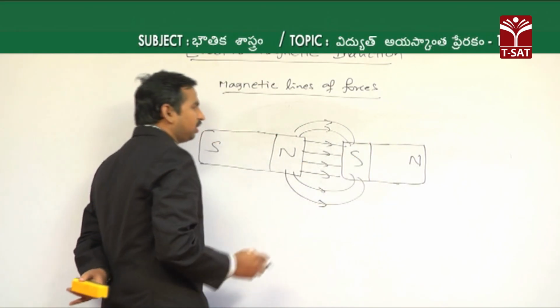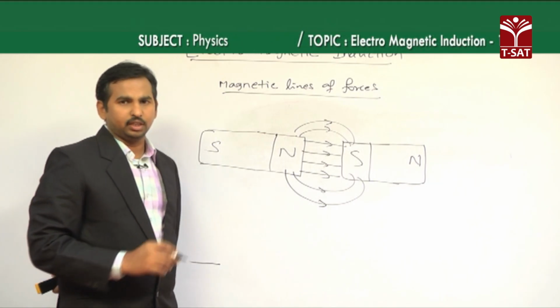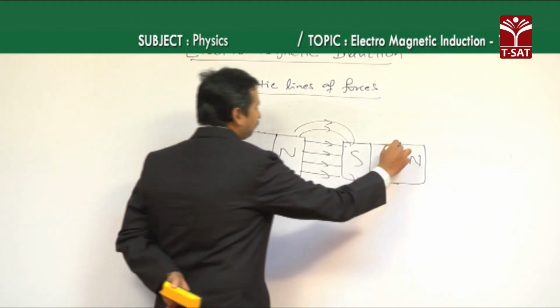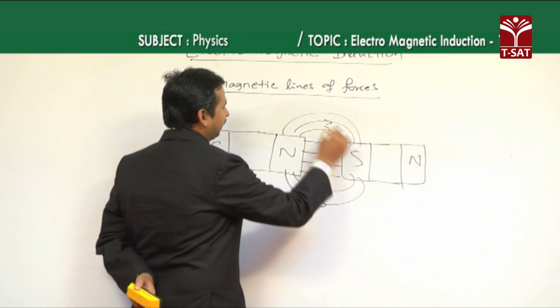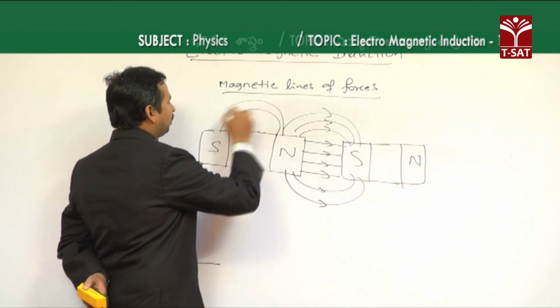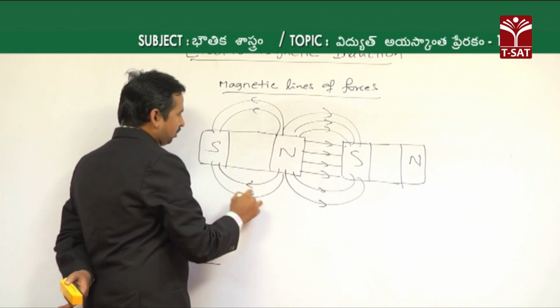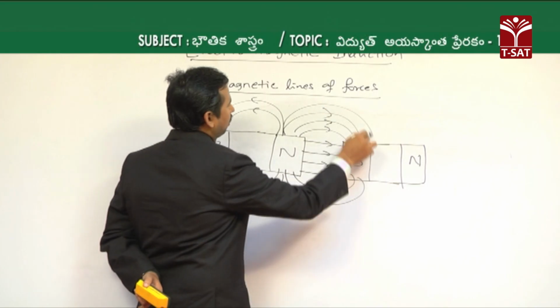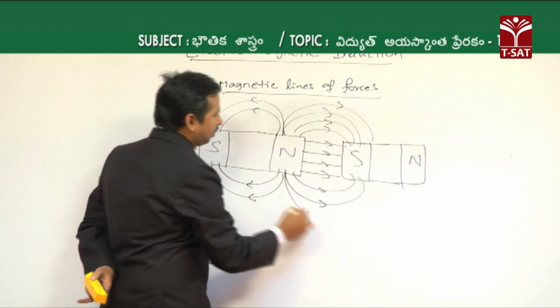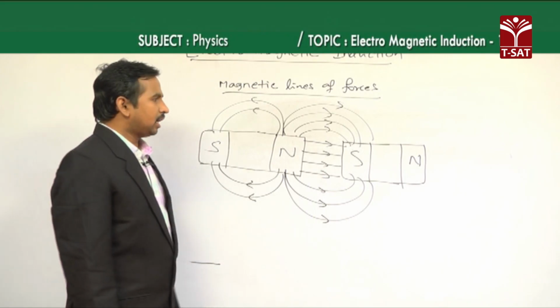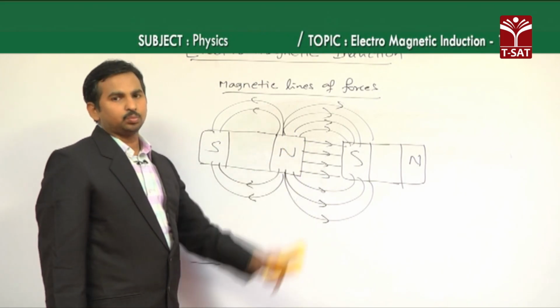So when you bring a north pole near to a south pole of another magnet, there is a force of attraction between them. Here we get the magnetic lines like this.